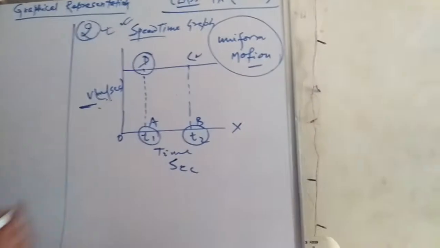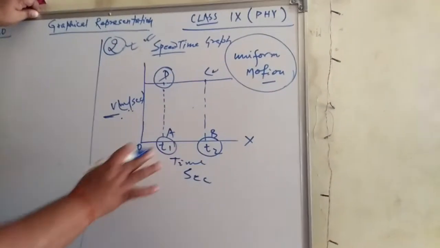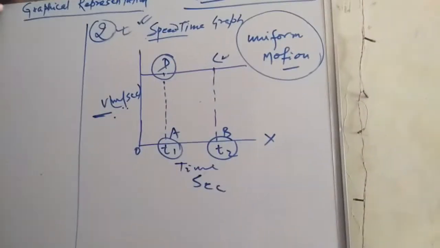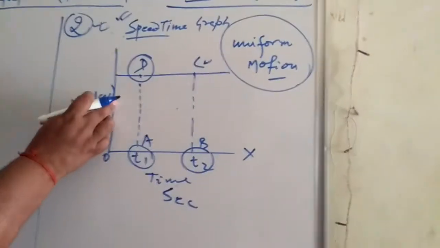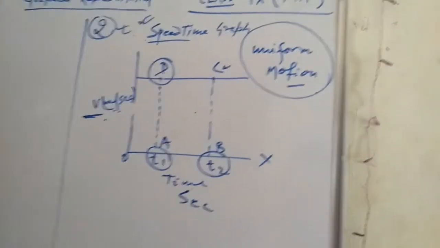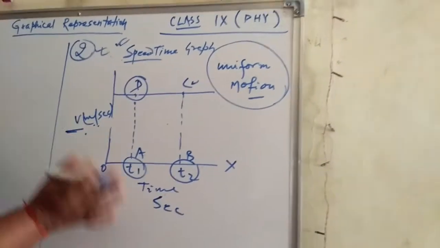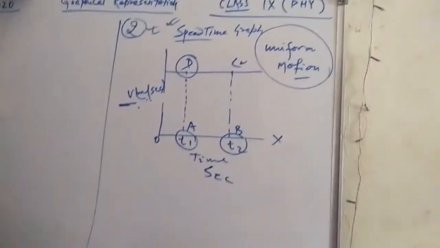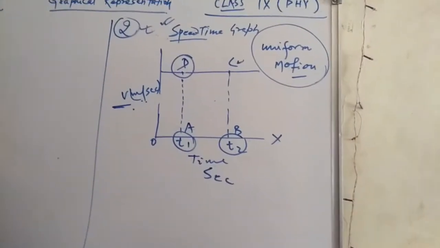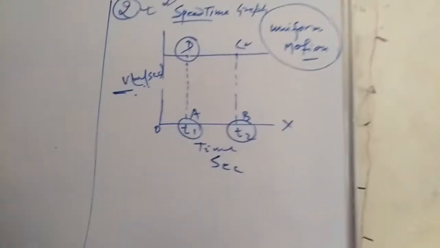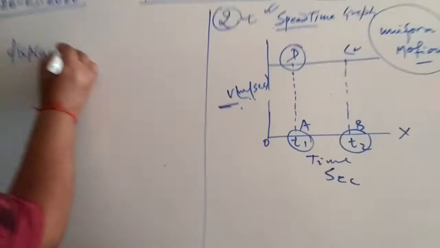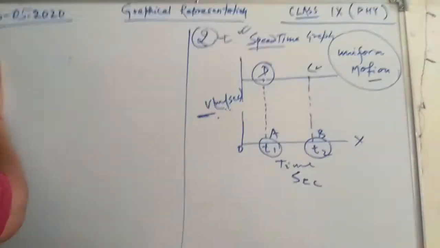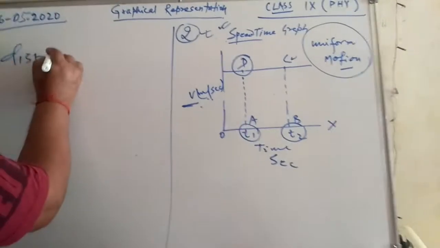So this is all about the figure. We have a velocity and we have a time, so from that we can calculate the distance or displacement. How is it possible?